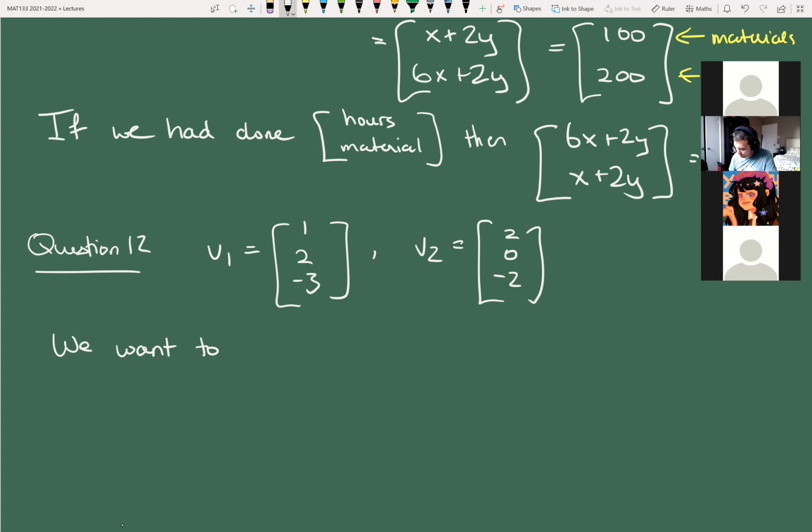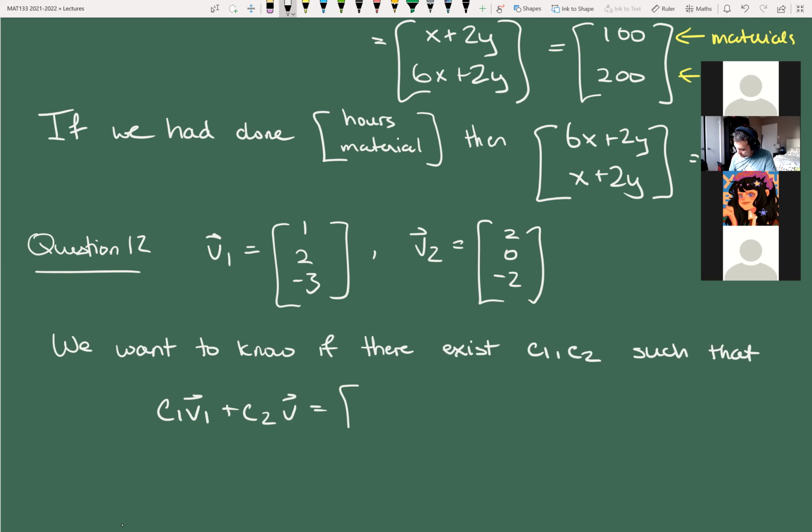So you want to know if there exist C1 and C2 such that C1 V1 plus C2 V2 equals the given vector. This is what it means.